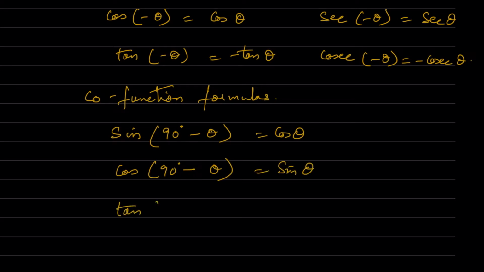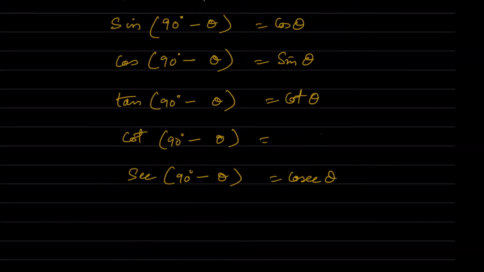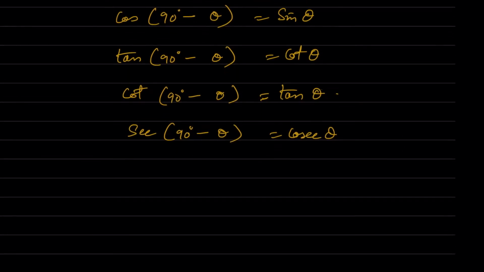When cos 90 minus theta is taken, you will get sine. So sine 90 minus theta is equal to cos theta, cos 90 minus theta is equal to sine theta. Tan 90 minus theta is cot theta, cot 90 minus theta is equal to tan theta, because tan and cot are cofunctions. And secant 90 minus theta is equal to cosecant theta. Cosecant 90 minus theta is equal to secant theta.